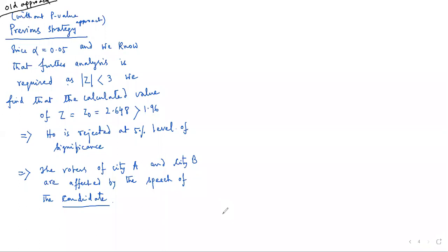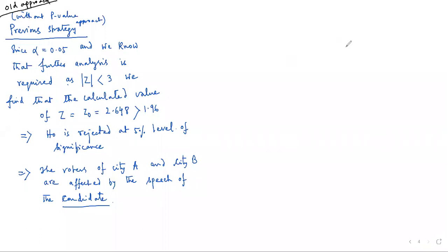I'm going to explain this particular example once again there, but the conclusion will be drawn from the p-value approach. The approach which I have shown over here is the old approach. There comes a question whether 2.648 and 1.96 are actually very separate, too much separated.